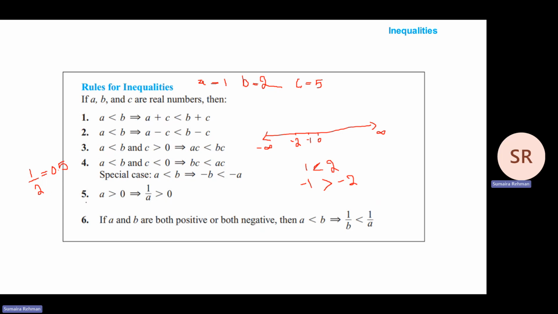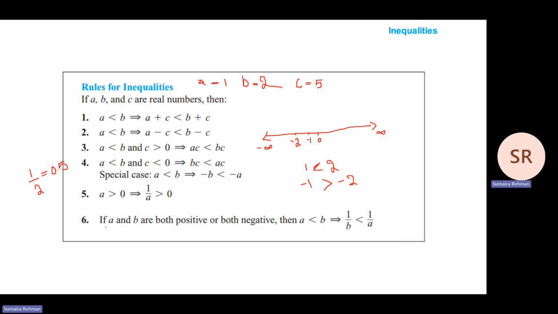If 3 is greater than 0, then 1 upon 3 is equal to 0.33 and so on. So that is definitely greater than 0. But if we have the negative sign, or if a is less than 0, then the case will not be the same.